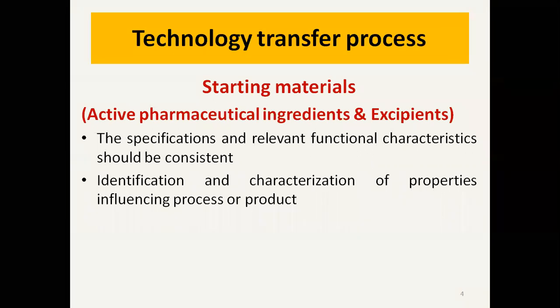Consistent means the properties or specification of the material received at the SU unit should have the same functional properties at the RU unit. RU means receiving unit. Then any properties which are likely to influence the process or the product should be identified and characterized. Means if there are changes or differences in color or other properties between the SU and RU unit, it must be identified and characterized.